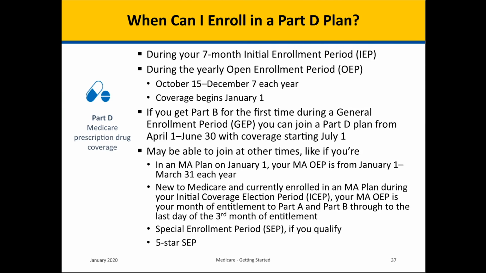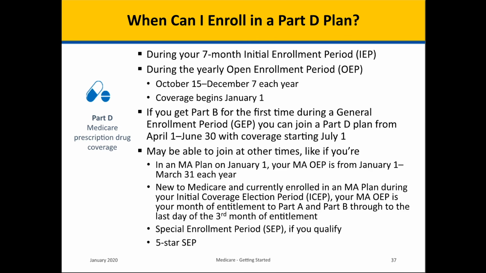When can you enroll into a Medicare Part D plan? Of course, during your initial enrollment period into Medicare. There's also an annual election or open enrollment period, which is October 15th through December 7th of each year.